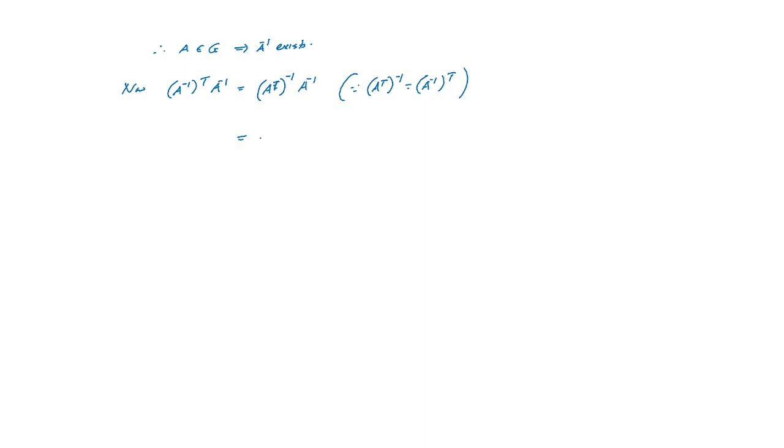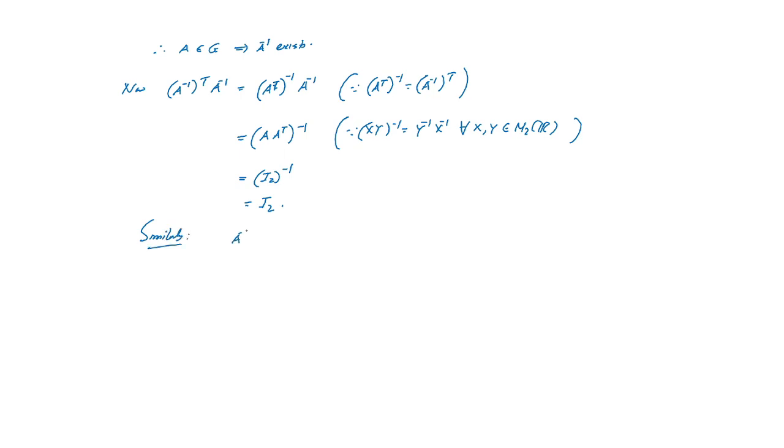And since (XY) inverse for any two matrices equals Y inverse X inverse, where the inverses of X and Y exist, A transpose A inverse means identity inverse, which is again the identity. Similarly, you will check A inverse times (A inverse) transpose, and again it will be identity.